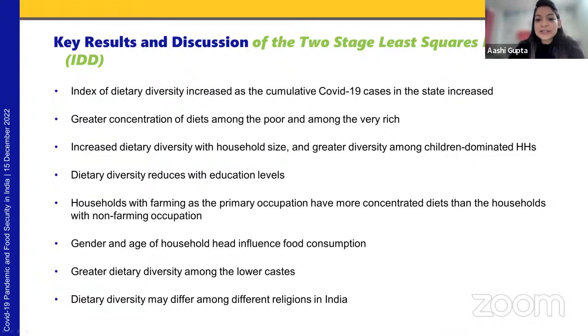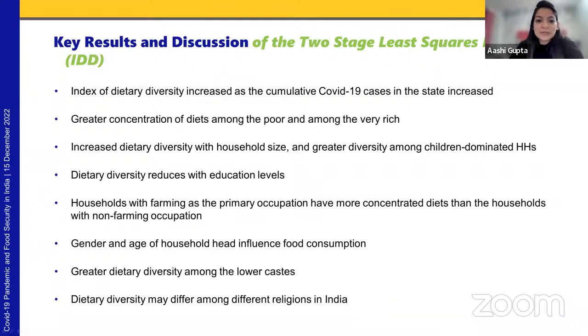Also, concentration of food expenditures on the others category, comprising packaged foods or ready to cook and eat, or processed cereals such as noodles, breads, etc., may explain the high value of IDD among the more affluent in both rural and urban areas.